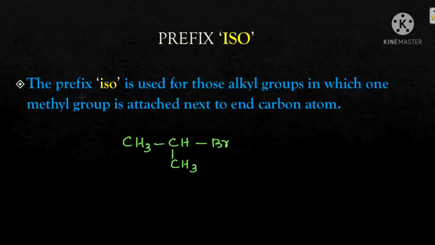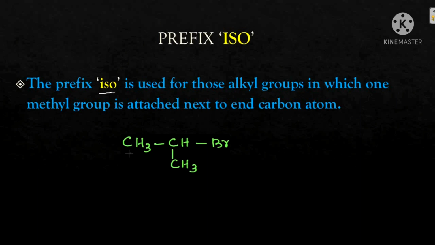Understood, students? Where to make use of the prefix iso? This prefix iso should be used for those alkyl groups in which one methyl group is attached to the carbon next to the end carbon. Let me explain this with an example. This is the main parent chain. Here we can see one methyl group attached to the carbon atom which is next to the end carbon.